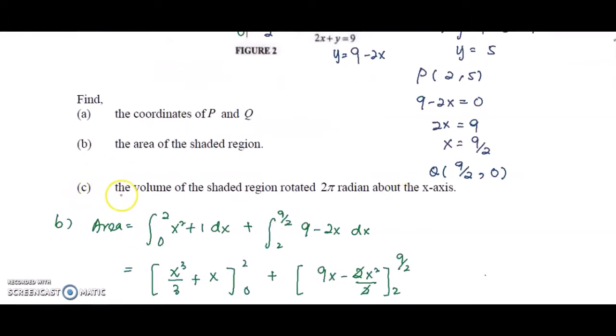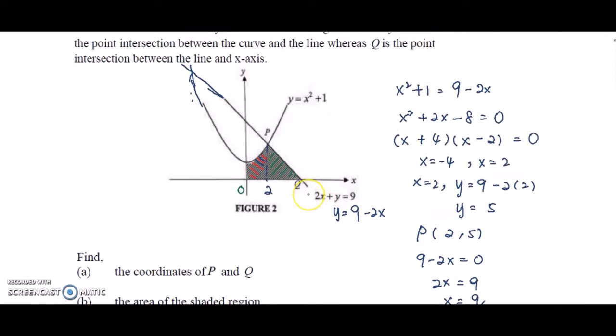For question C, you need to get the volume of the shaded region rotated 2 pi radians about the x-axis. Meaning that if you rotate the area of this shaded region about the x-axis, you will have a solid, and you need to get the volume of the solid. So let's try to sketch out what solid you get.